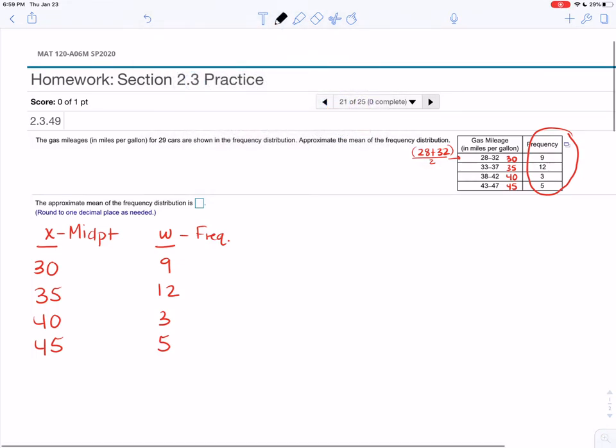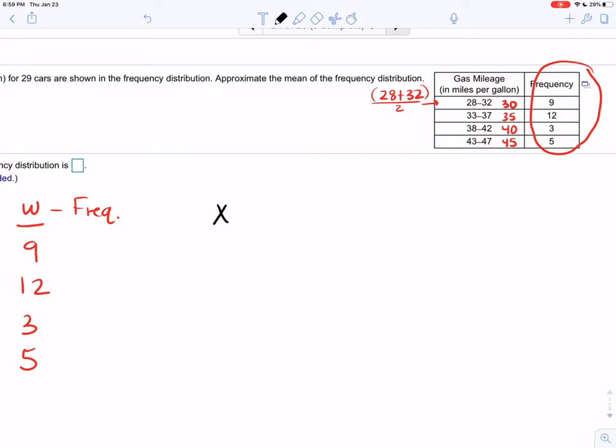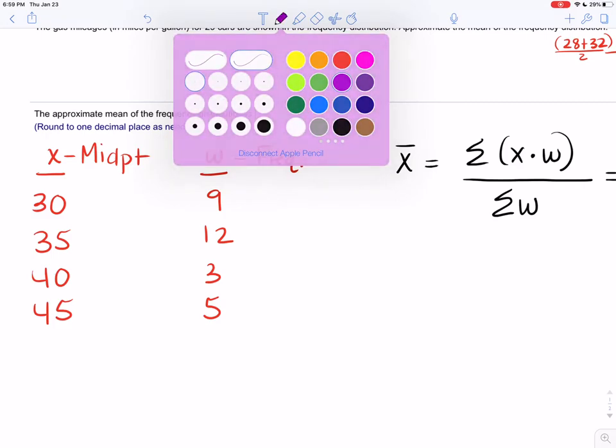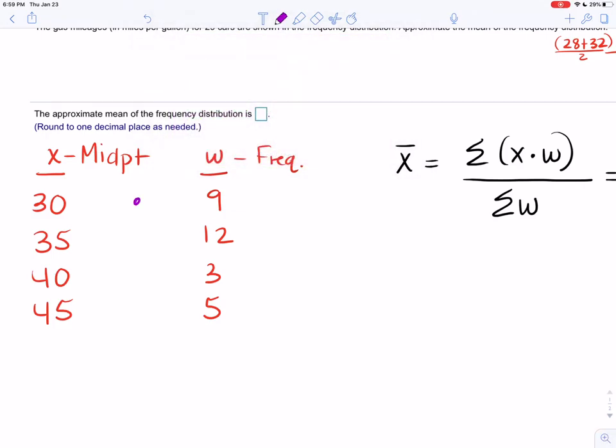All right, and then we remember our weighted mean formula, what it looks like. We take each x, in this case midpoint, multiply by its weight, which is frequency, add those up, and divide by the sum of the weights. Just like we did on our previous example, I'm going to multiply each midpoint times its weight. I'm going to report those in a column over here.